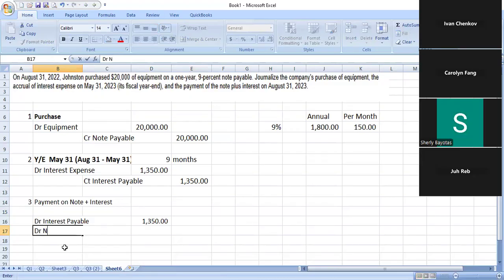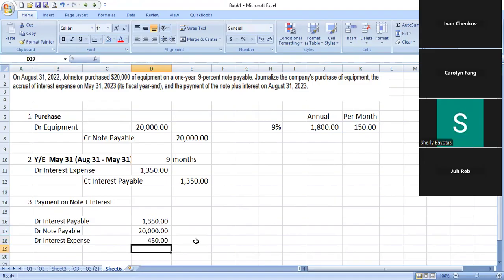Note payable. Let's pay the note payable. Debit, note payable. And the note payable, I have to close it. That's 20,000. I have to close that one. What else? Interest expense. Debit interest expense. How much do I have to pay for the interest expense? 450. That will be equal to my total minus 1,350, and that's going to be 450.